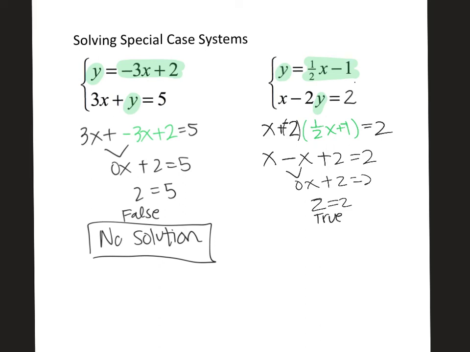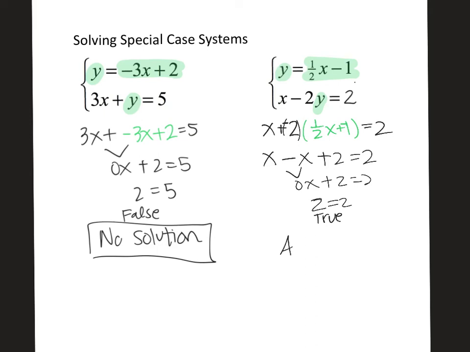So here we have a true statement. And for true statements, it actually means that the lines are exactly the same. And so the solution to a system is what ordered pairs make both equations true.